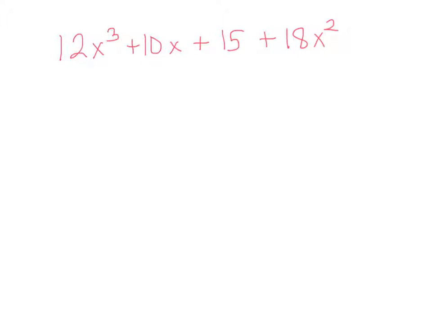Okay, again, we start by looking for a common factor, but in this case, they do not all have a common factor. Okay, now you can put them in groups. And then in the first group, they have a common factor of 2x. So we can divide them both by 2x.